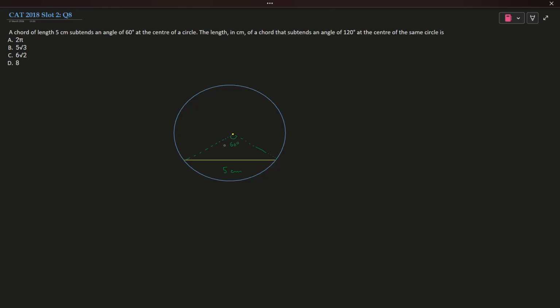The length in centimeter of a chord that subtends an angle of 120 degree. I need to find the length of the chord. Let's say this is the chord. This must be a large chord. Okay, the length of the chord should be bigger.